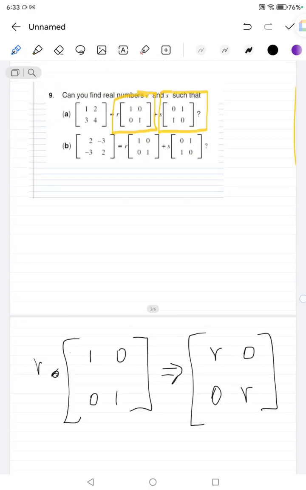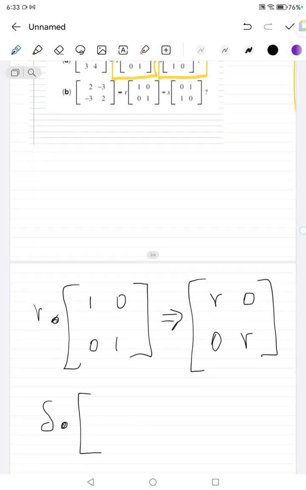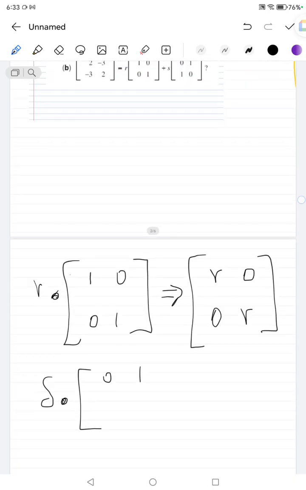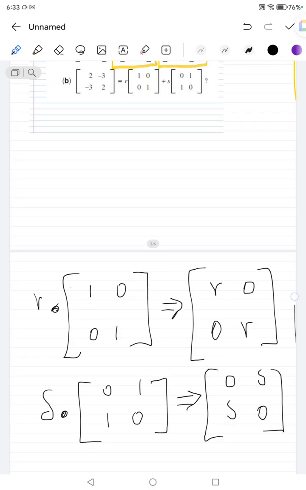Then remember, we still have the S, and they're saying the S multiplied by what? Your 0, 1, and 1, 0. This will give us your S multiplied by 0, that is 0. Then here you're going to have your S multiplied by 1, your S. Then your S by 0, then you're going to have your 0.